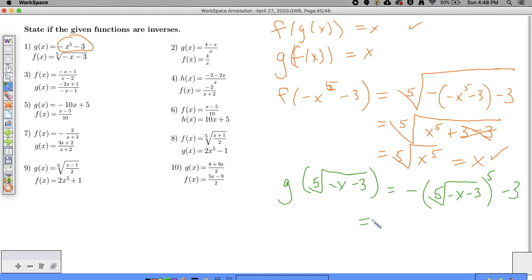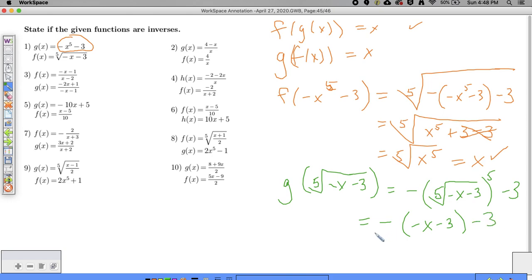Now, if we do our order of operations, that negative sign right here is coming down. But the fifth root to the fifth power is telling us, be careful, the parentheses still stay there. So then this just becomes negative x minus 3, because the fifth root and the fifth power are inverses of each other, and hence they undo one another.